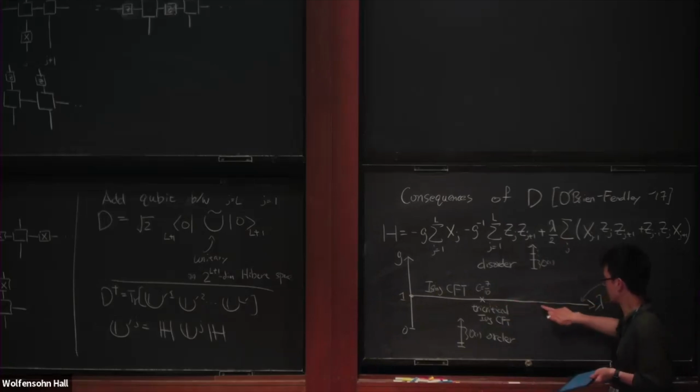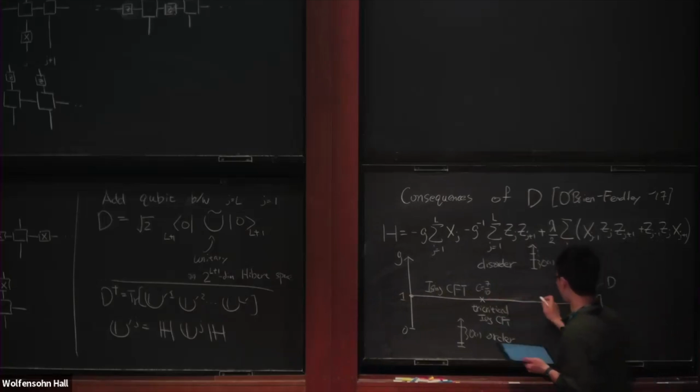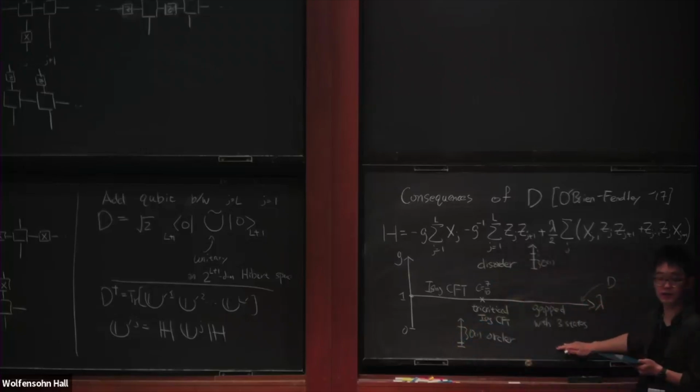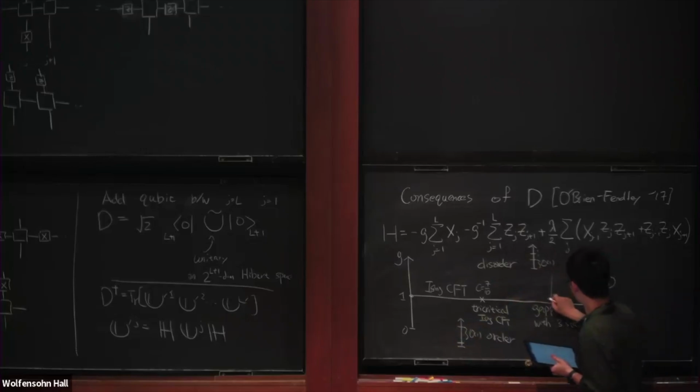And after that point, the model becomes gapped. So on this line, the model is gapped. But interestingly, it has 3 states. We have 3 low-lying states whose energy splitting is exponentially small in the volume, and there's some order 1 gap.